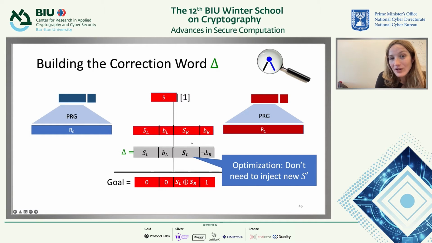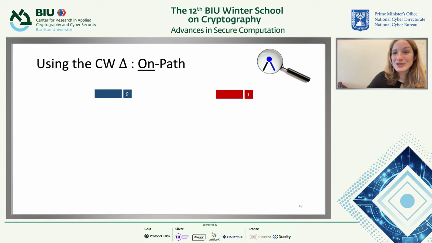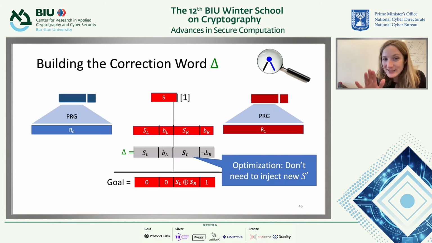And here I have SR. Now I'm adding SL, okay? But the point is that SL and SR were sort of pseudo-random with respect to each other in any case. So if I add these together, it also is something that's going to look pseudo-random. Okay, so this is one of the optimizations, in fact, that drops the key size down by this factor of 4. This gives you a factor of 2. Okay, so loosely, this is going to be this delta.